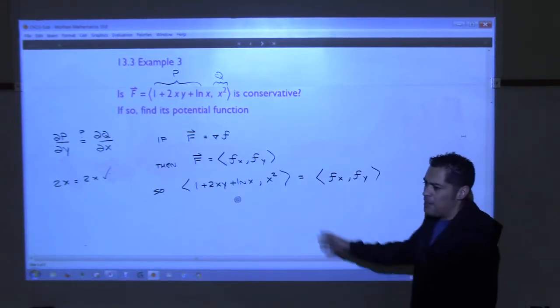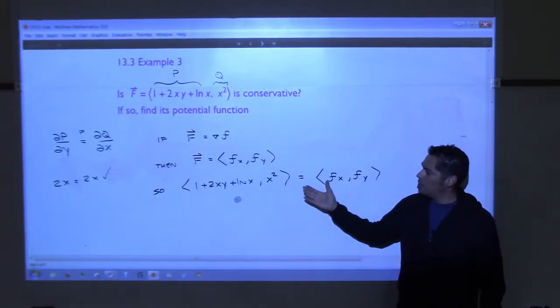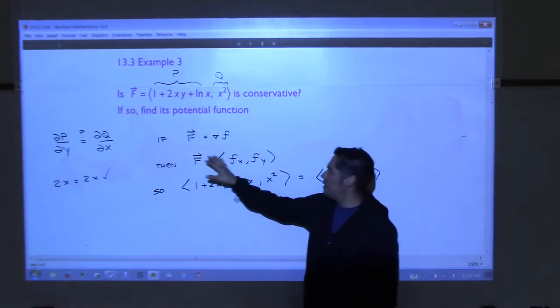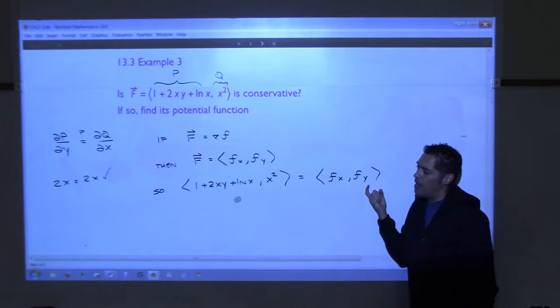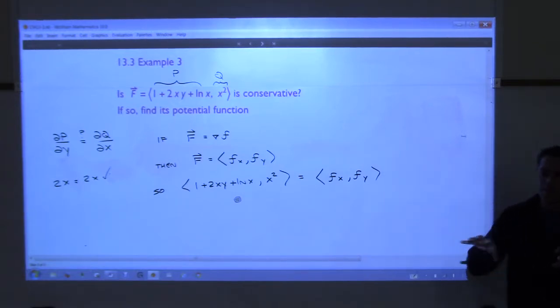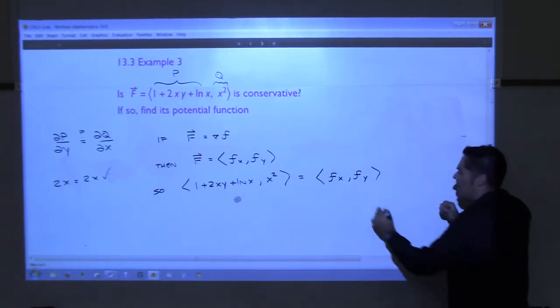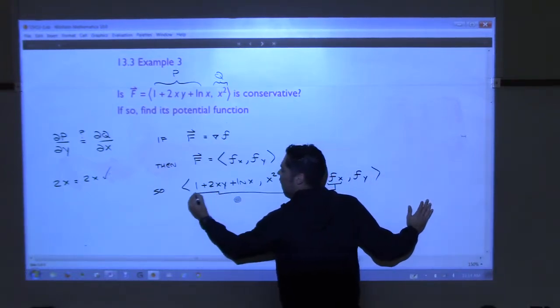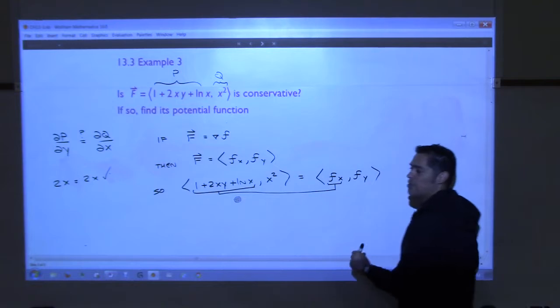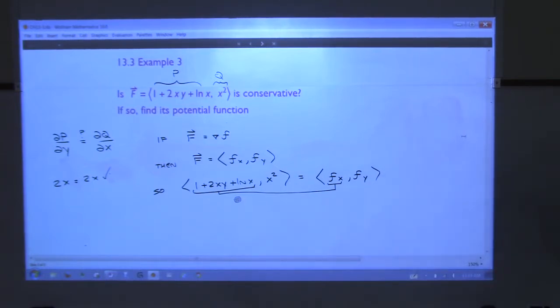Understand what I'm doing here? Just setting up what it means to be conservative. That means this vector field is the gradient of some little f. Now what I can start doing is equating things. I know that this has to be equal to this, right? And that's what I'm going to start with. I'm going to start all of my work with that statement right there.